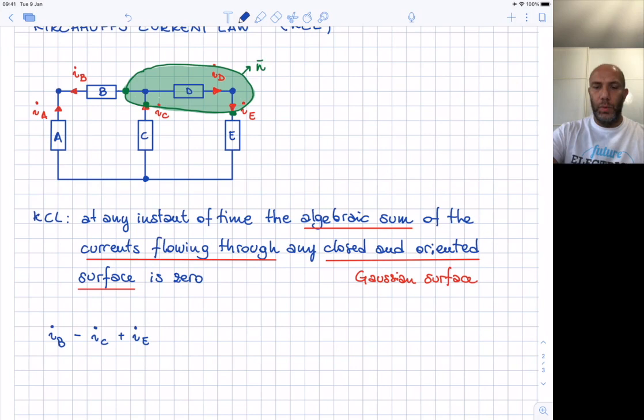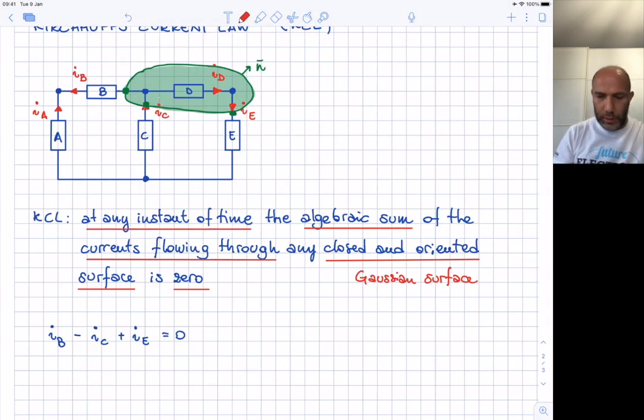And finally, we have to say that this sum is 0. This is true at any time instant. So this is true for every time that we consider this equation.